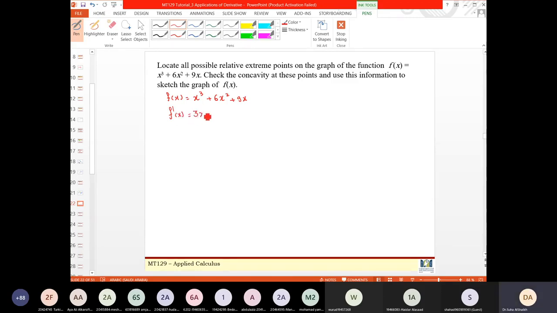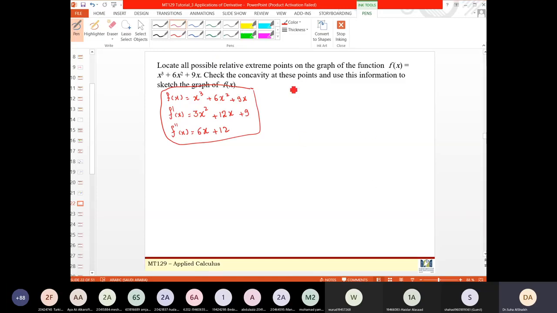It's 3x squared plus 12x plus 9. I'm gonna find f double dash of x as well. I need it. This equals 6x plus 12. Right? This will be my first thing. This is f dash and f double dash.